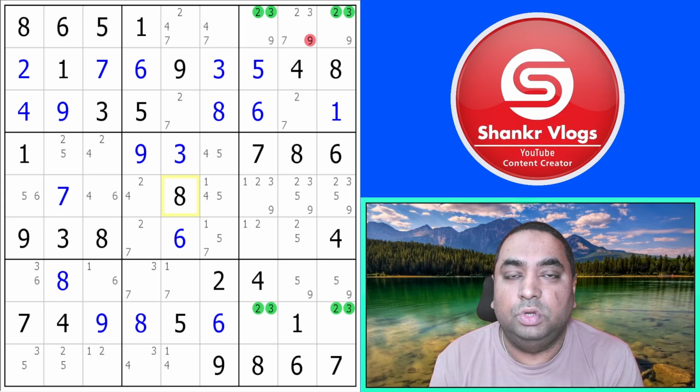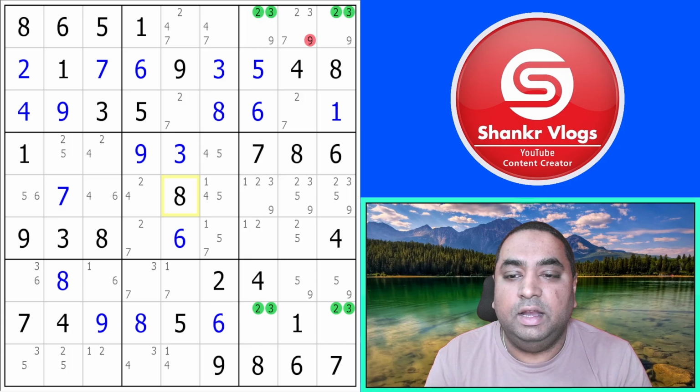Those two additional candidates must be treated as a single unit, and that single unit can be eliminated from the house, either in the row, the column or the block. It will be easier to understand with an example.